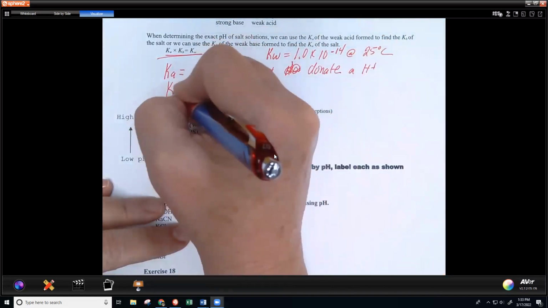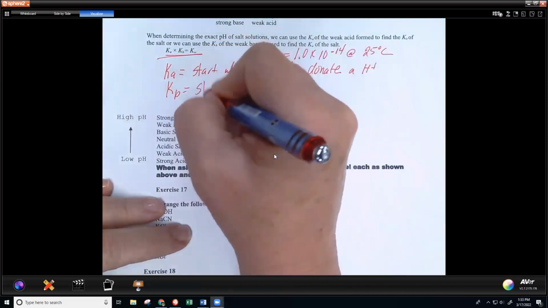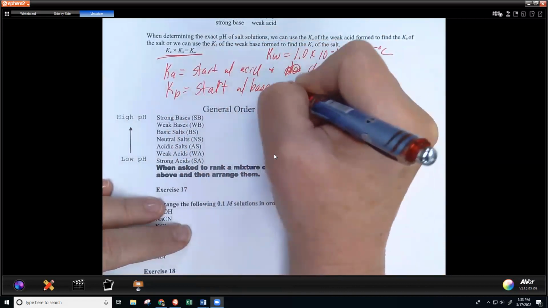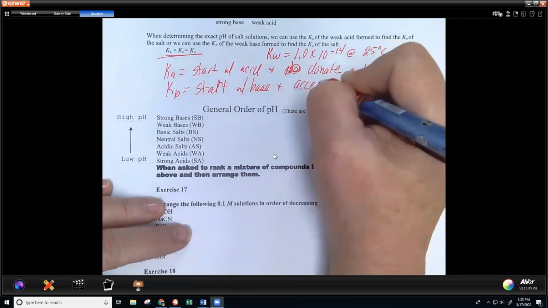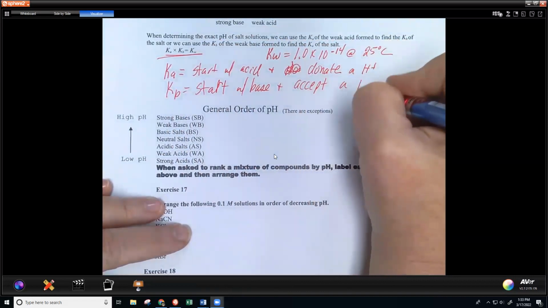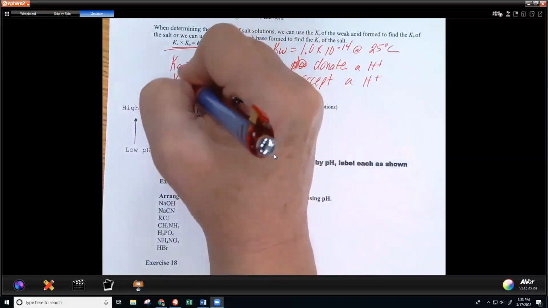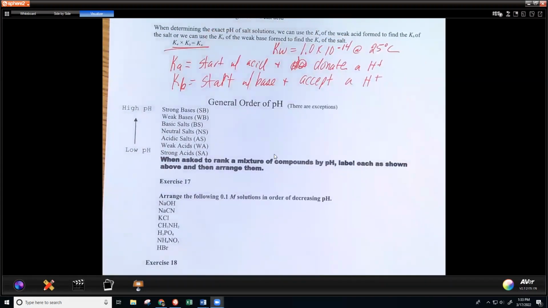And if it was Kb, I would have to start with the base and accept H plus. And the reason I put that is sometimes it's a little bit confusing which one to use for which reaction. We're going to do some problems in a little bit, and that'll make a little bit more sense.